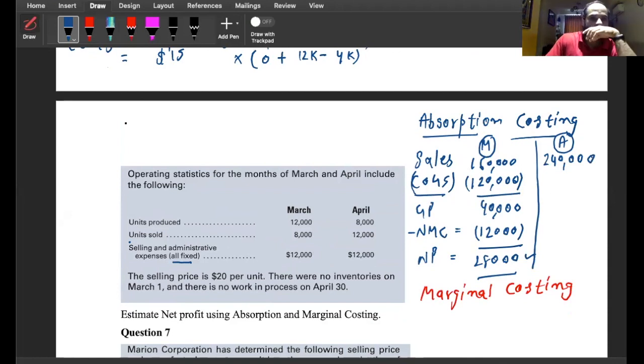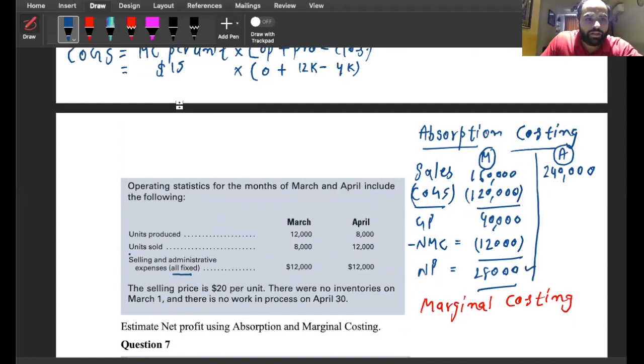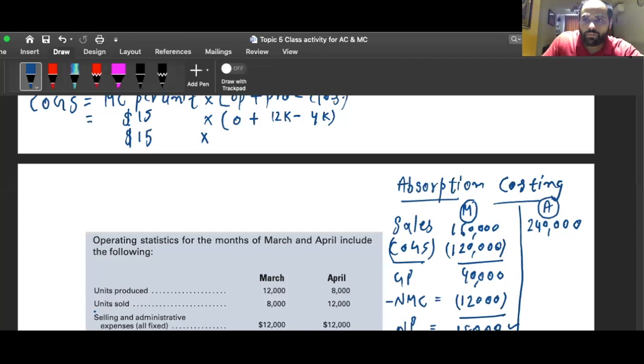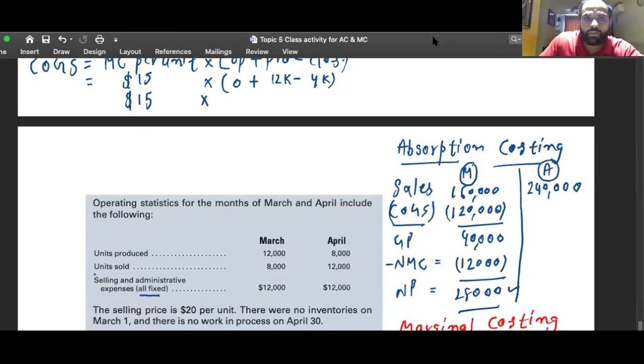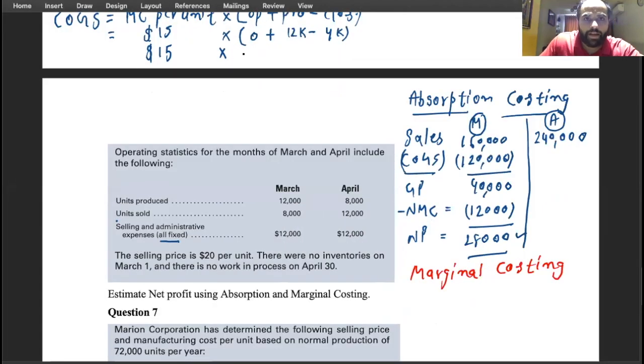And cost of goods sold for April. How much is the cost of goods sold for April? Manufacturing cost per unit will be the same, which is 15, right? Multiply by how much is opening for April? This was March, and that's for April.